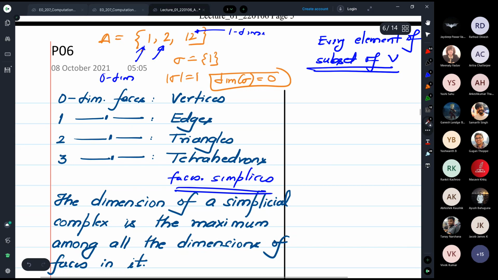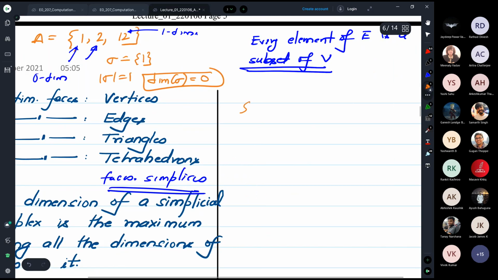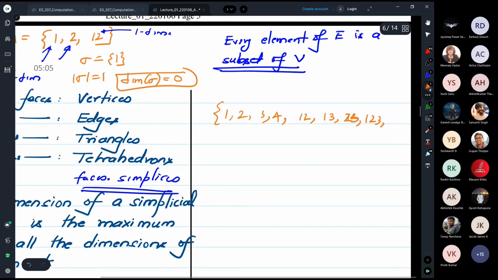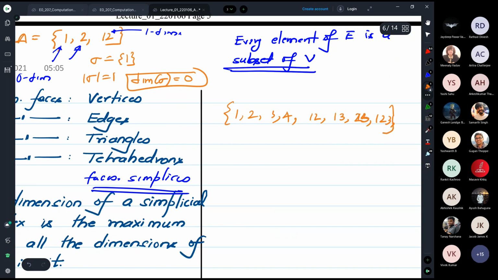Similarly, let's say you had {1}, {2}, {3}, {4}, and then maybe you had {1,2}, {1,3}, {2,3}, and then you had {1,2,3}. Let's say this was your simplicial complex. You can verify that this is closed under the subset operation, hence it's a simplicial complex.